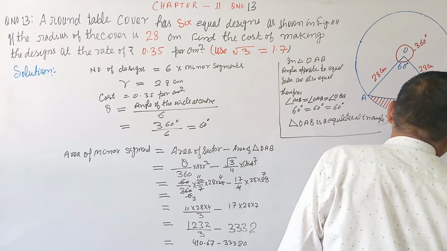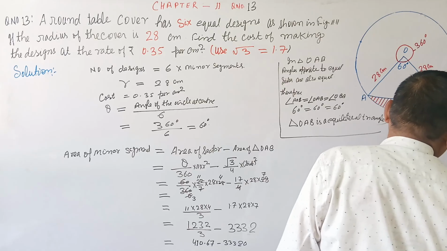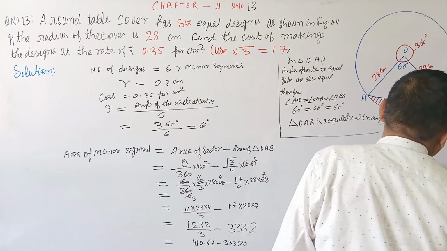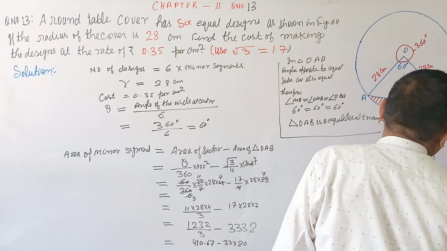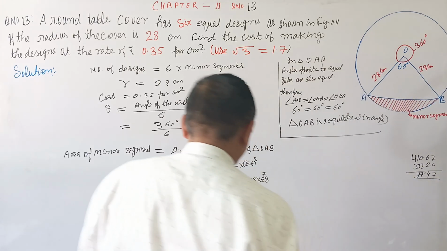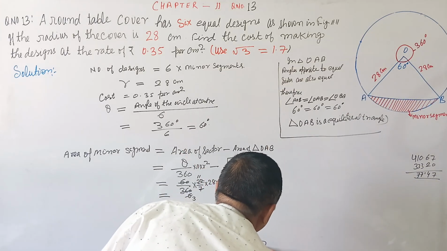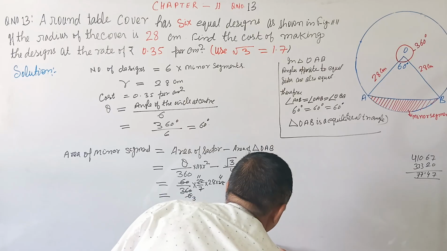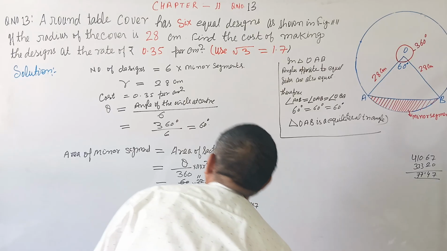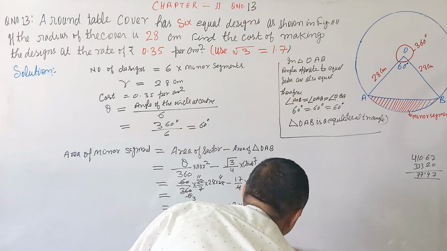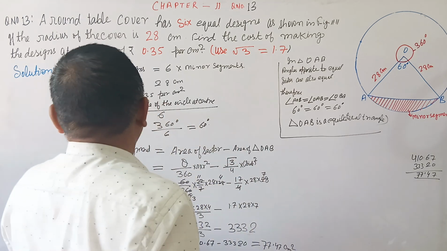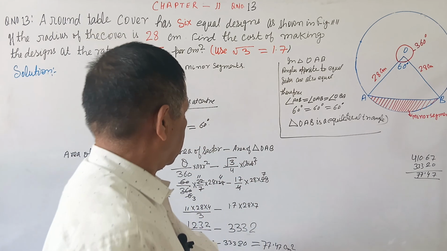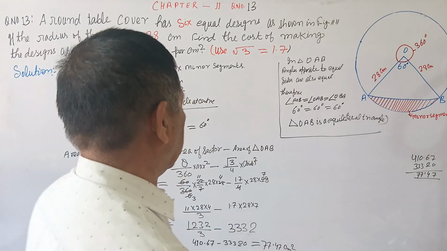So this comes out to be 77.47. It is centimeter square. So this is the value of the area of a minor segment.